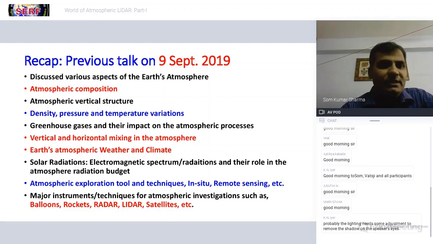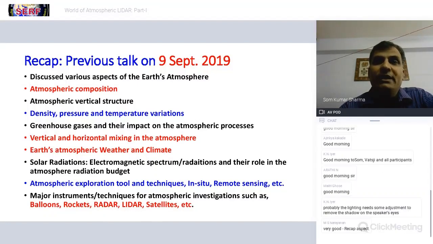Yesterday I discussed various aspects of the Earth atmosphere. In detail, I discussed the atmospheric composition, and in composition I emphasized what the major and minor gases are and what their importance is. And most importantly, I discussed how the ocean fluxes, or the gases which are coming out from the ocean, and our land surface also breathe.